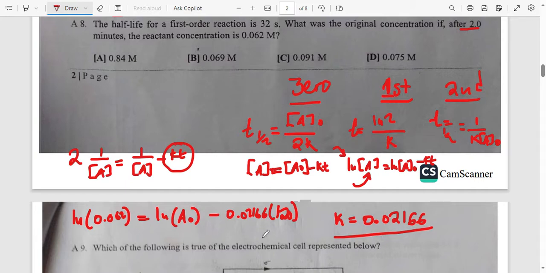So let's start to punch. Let me start this side because I already know 0.02166. I'll multiply it by 120.